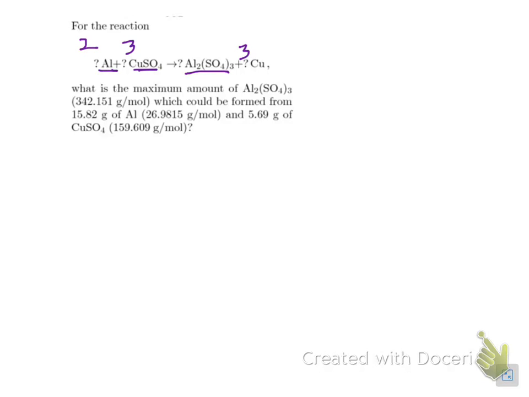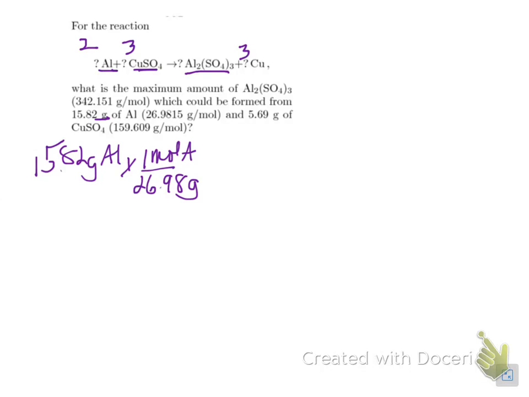I have 15.82 grams of aluminum. And what I know is that 1 mole of aluminum is 26.98 grams of aluminum.